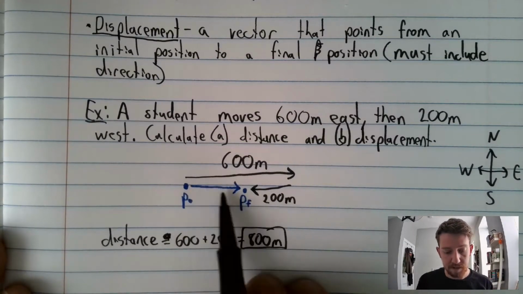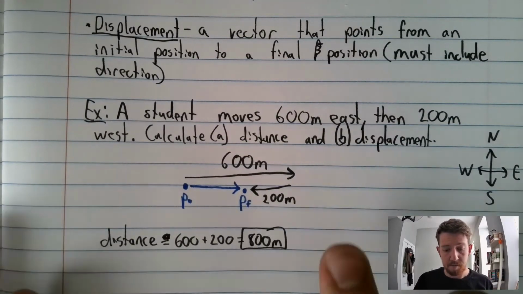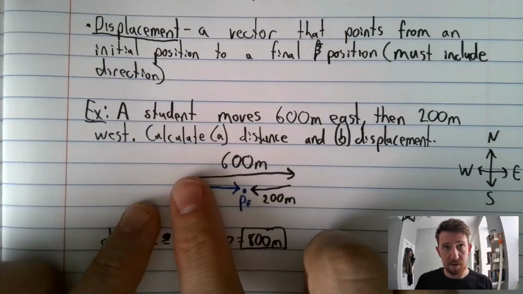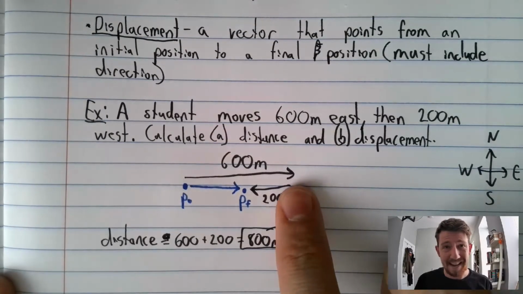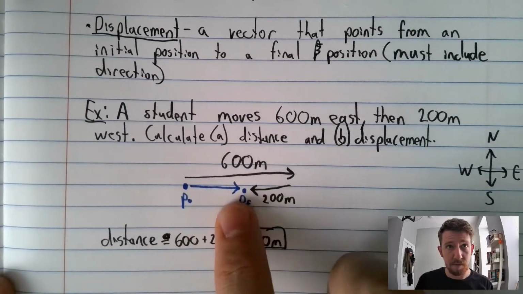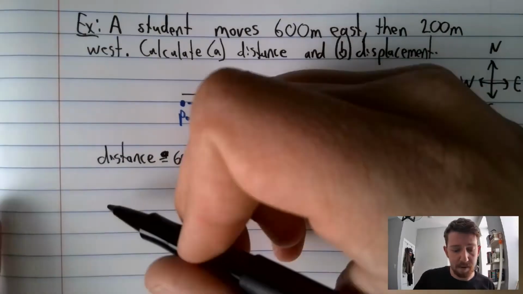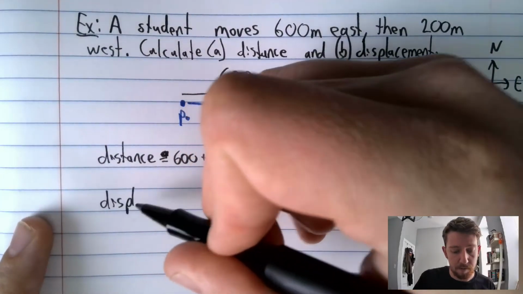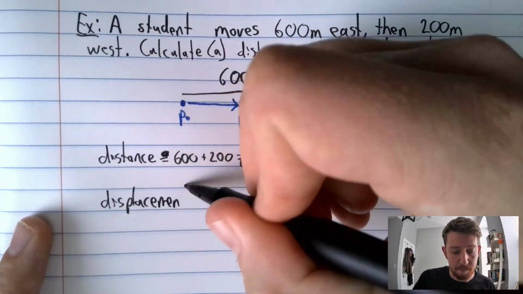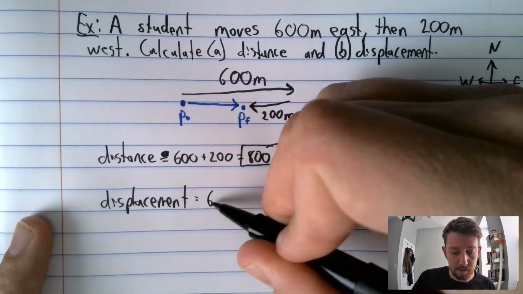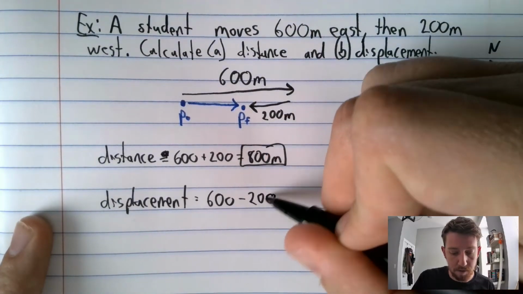The size of this has got to be 400 because it's what's left over. It goes 600 that way, then they take off 200, so it'll be 400. I guess technically I should show my work of what I'm thinking. So displacement is 600 minus 200.